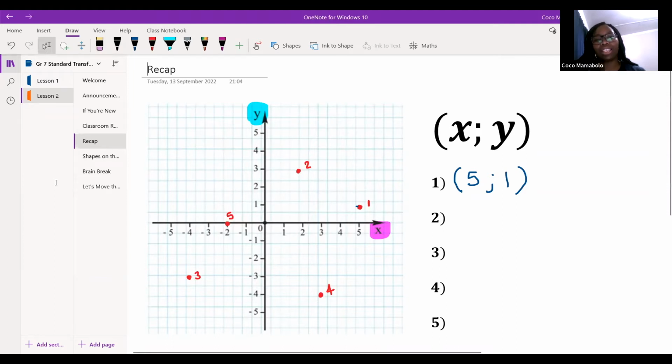Let's give it a try, guys. Remember, one emoji at a time. All right, I'm going to give everyone 1 minute. Answer number 2 for me, and when you're done, pop your answer in the chat.